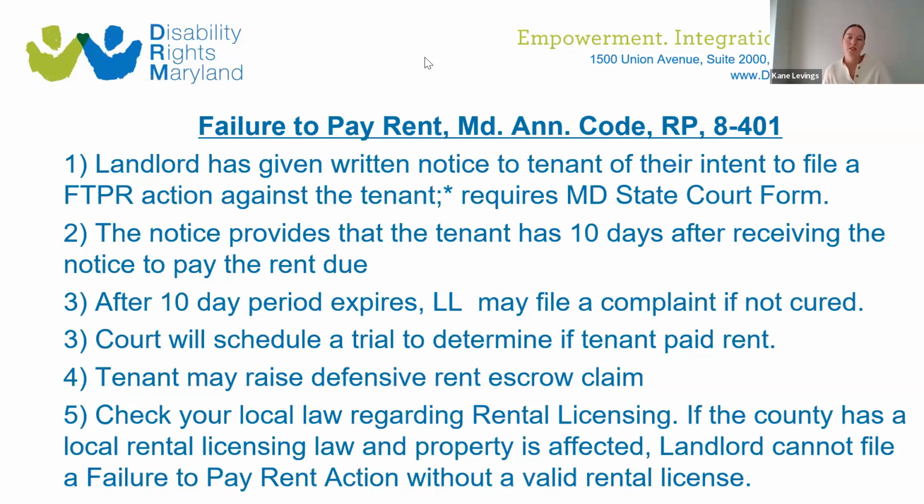So the first is, if you go to court and you either affirmatively or defensively are pleading that there's a rent escrow defense, or there's circumstances that rise to a rent escrow case, and the judge opens the escrow or grants it, then the tenant does have to fund the escrow. But it is true that a tenant can withhold rent if they've given notice and their landlord has failed to address the concerns.